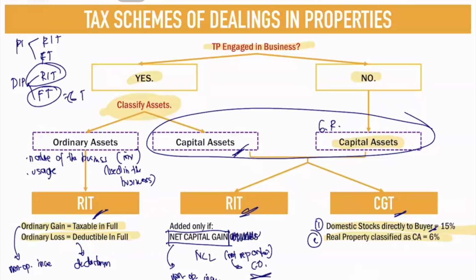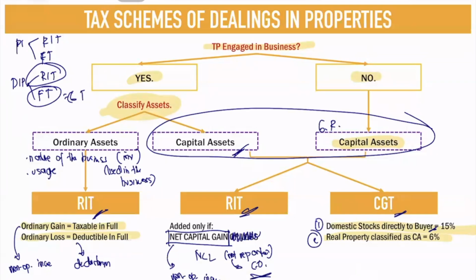Okay? So once you can draw that in your mind, that if ever it is based on the business or an asset of the business, you need to classify the asset. If not, as a rule, if that is a personal asset, purely it is a capital asset. And a capital asset can be subjected to RIT or CGT.